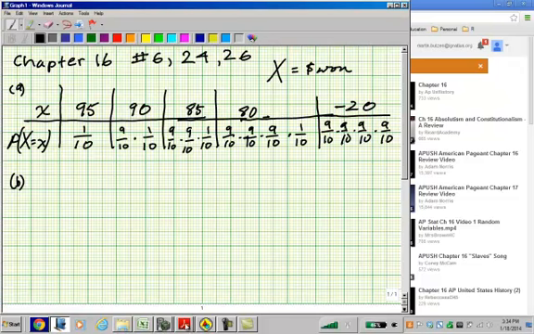Now, B, find the expected number of darts that you're going to throw. Well, let's use the calculator to do that. I forgot to have the expected number of darts in here, so let's add this into the table.